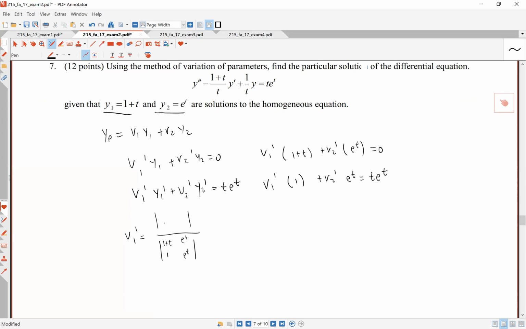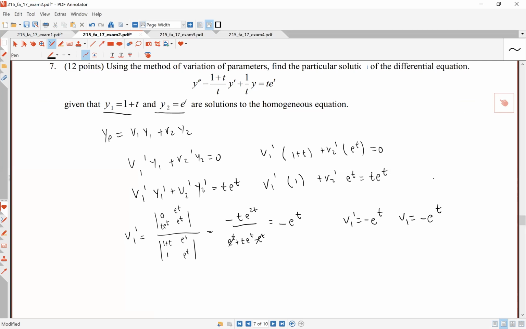Taking those determinants, we have a minus t e to the 2t divided by e to the t plus t e to the t minus e to the t. These cancel, and so we're left with negative e to the t. v1 prime equals negative e to the t, or v1 is negative e to the t.